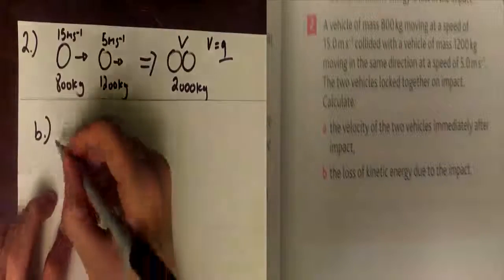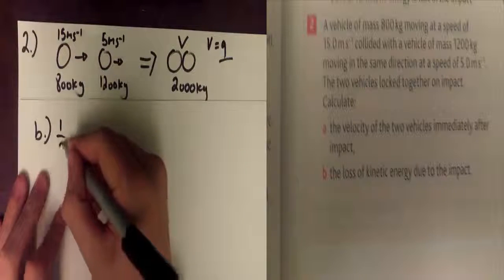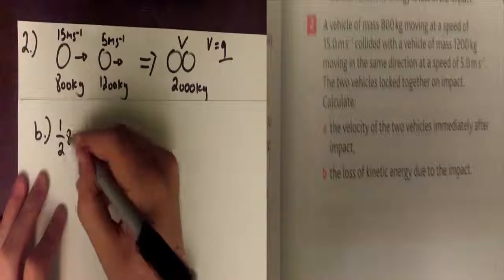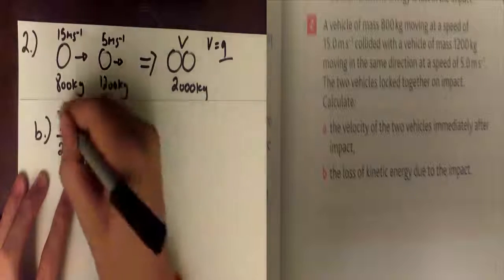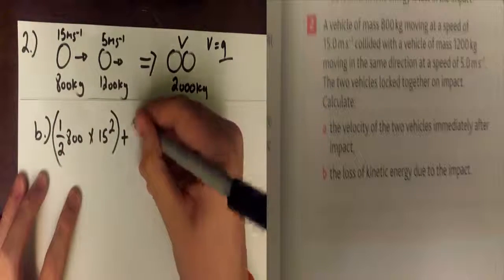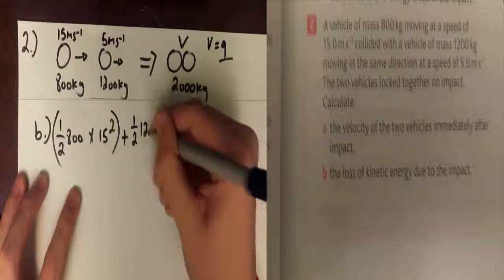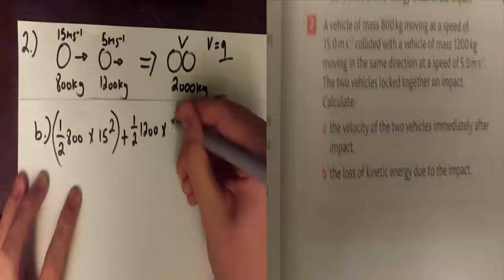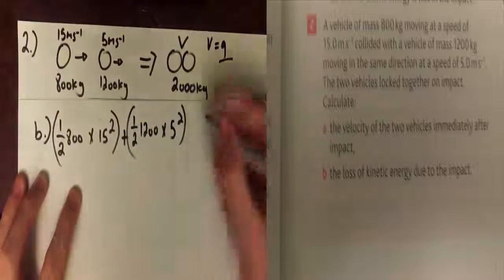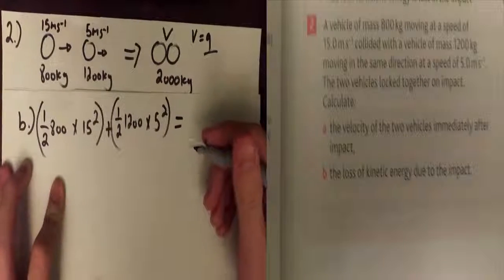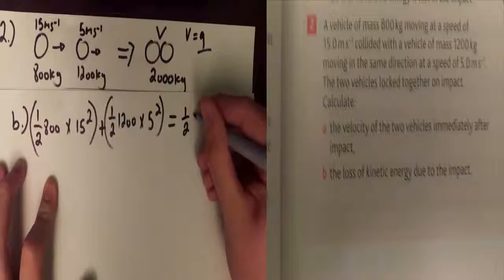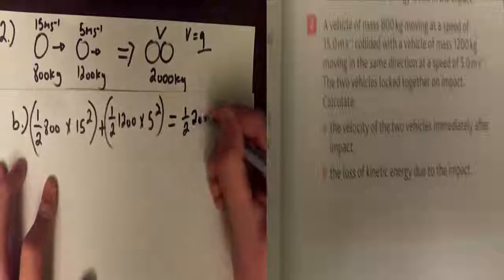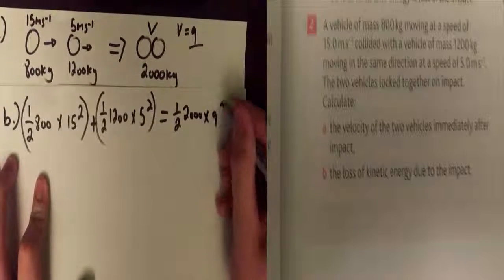So, let's find the kinetic energy of this one. It'll be half its mass, 800, multiplied by 15 squared, plus half of 1200 times 5 squared, which will go to half of 2000 multiplied by 9 squared.